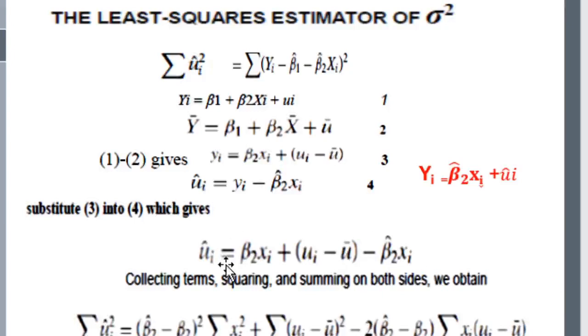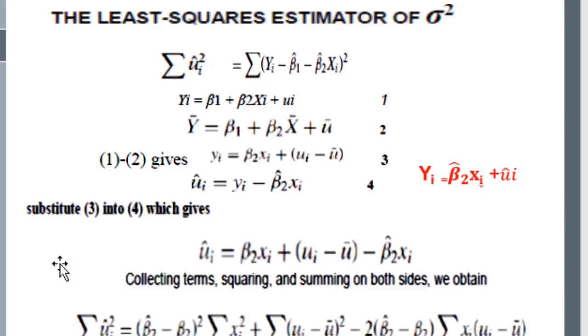Bring these two terms together, beta 2 xi minus beta 2 cap xi, then ui minus u bar. Take the square and sum on both sides. It is given here: beta 2 cap minus beta 2 the whole square into summation of xi square, plus summation of ui minus u bar the whole square, minus 2 beta 2 cap minus beta 2 into summation of xi into ui minus u bar.